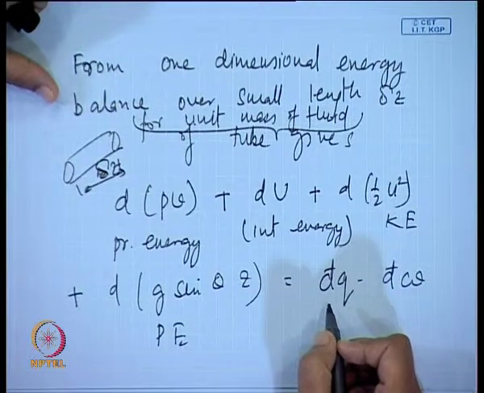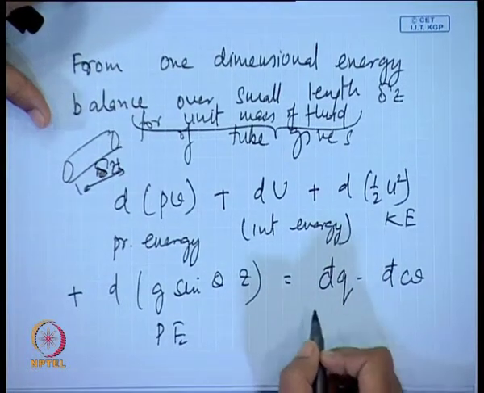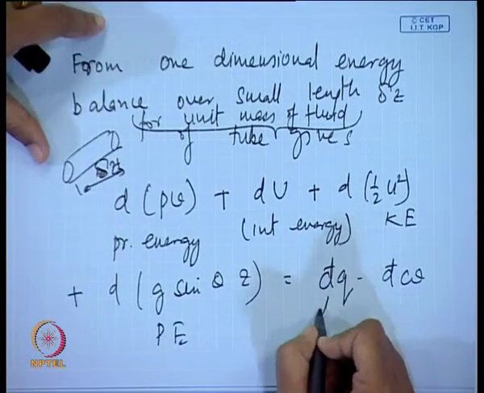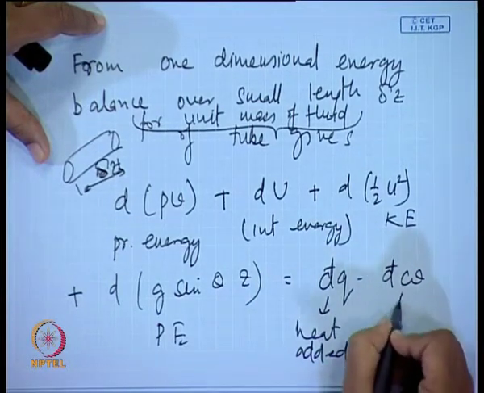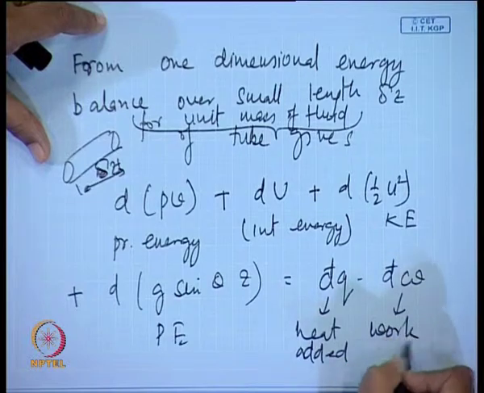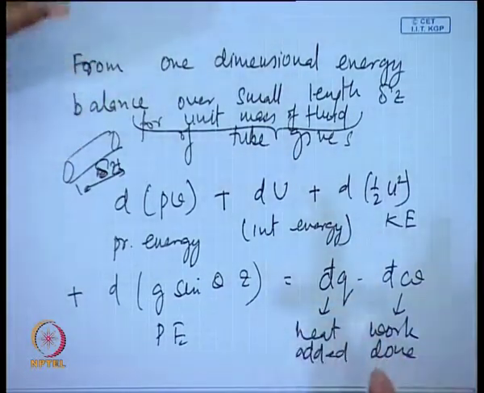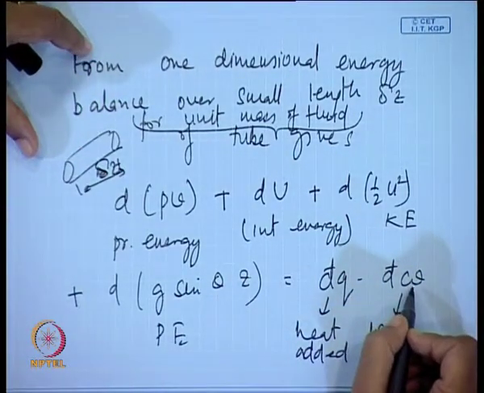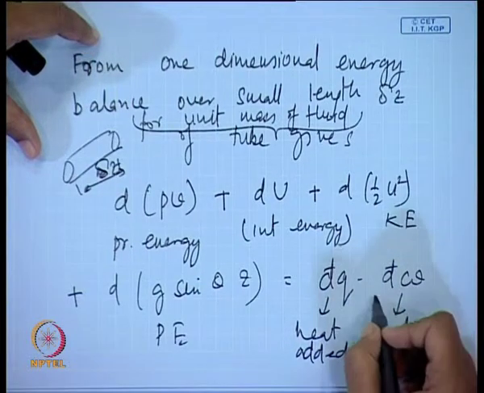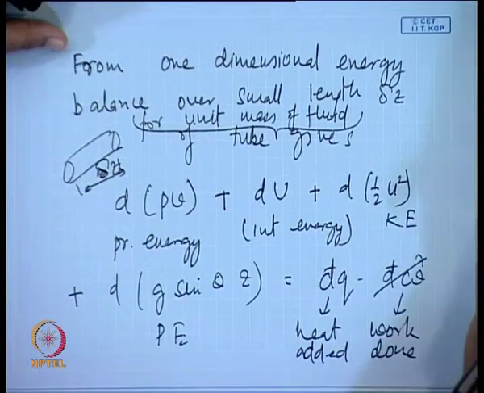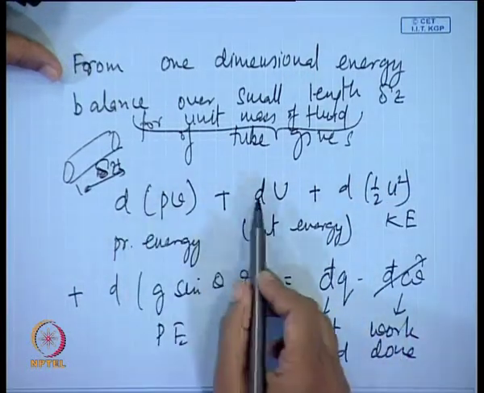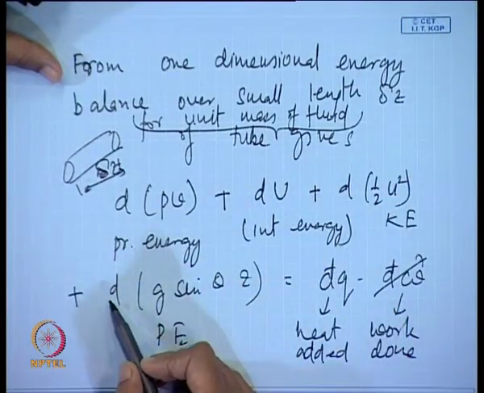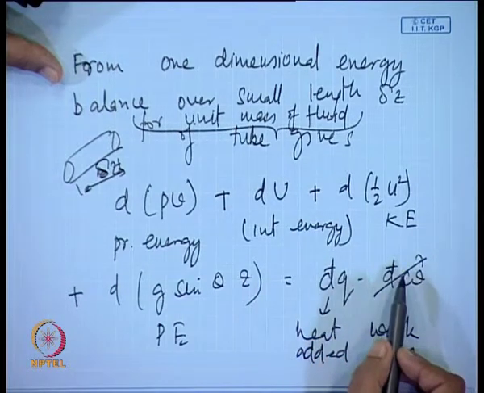Remember, capital Q is volume flow rate, this is small q. So, this is the heat added, this is the work done. We never use it, just to denote it I have given a small w, because capital W is mass flow rate, but for most of the cases this is equal to 0. Just to note one thing, all these d's I have written just d, and these d's are marked with dash.